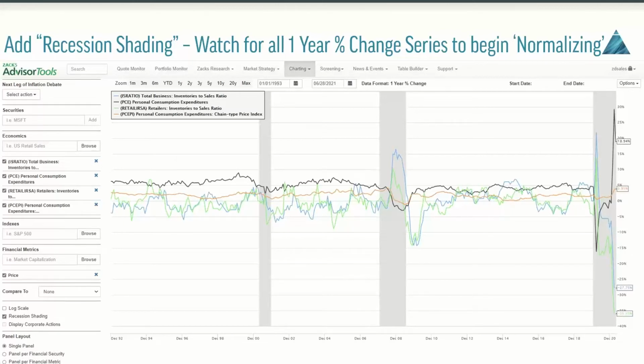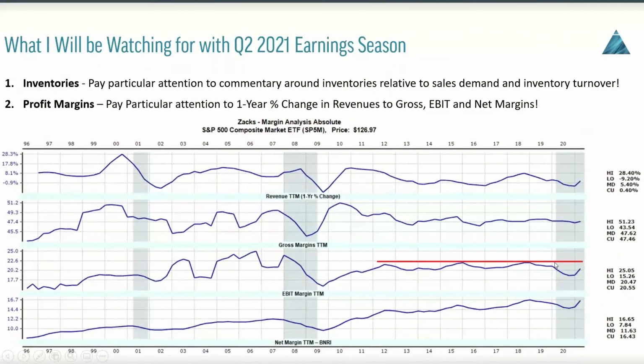And this will be a chart that will be very interesting to watch play out in real time. It literally gives you the entire supply side, demand side, obviously inventories relative to sales, taking into account both sides of the equation, relative to the 1 year percentage change in that PCE price index that the Federal Reserve watches so closely. Okay.